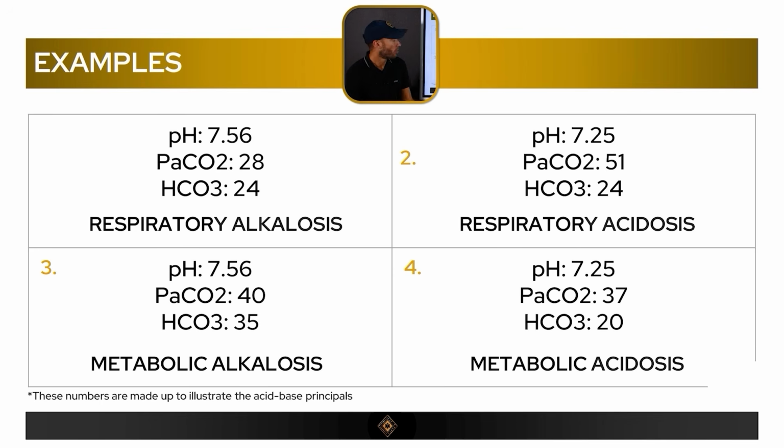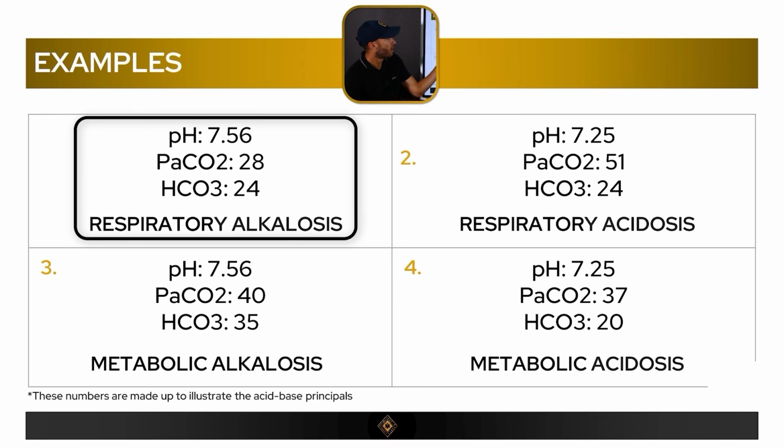Ready? Let's do it. So, check out example number 1. Our pH is 7.56. Is that acid or is that on our base? Are we too high or are we too low? What's normal? Well, normal is 7.35 to 7.45. That means I'm on the basic side.